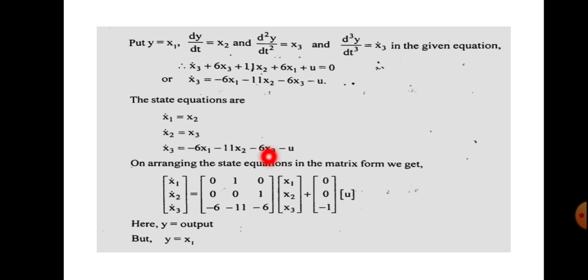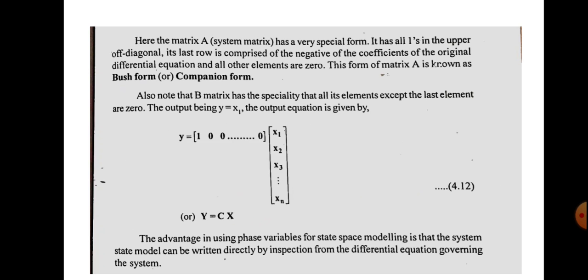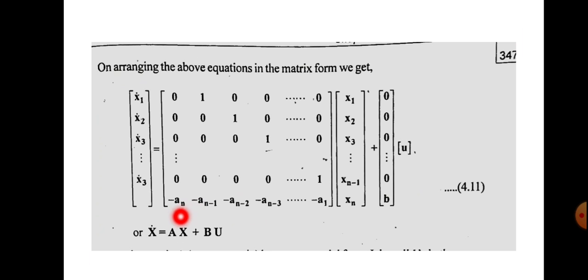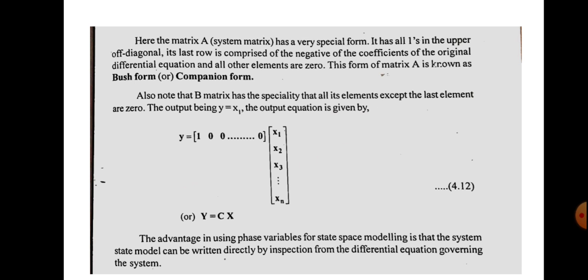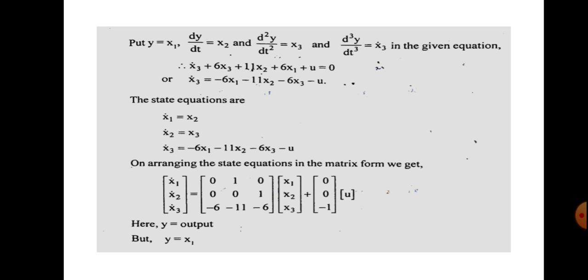Then when we consider the last equation, we have minus 6 as the coefficient of x1, minus 11 as the coefficient of x2, and minus 6 as the coefficient of x3. Next, we have the form x dot equal to Ax plus Bu. Ax we have written, where x is the column matrix x1, x2, x3.